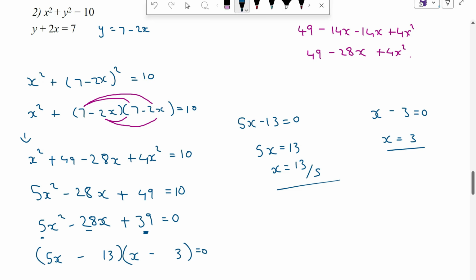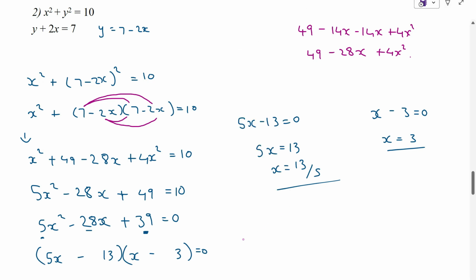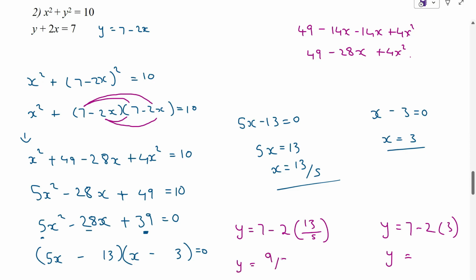Now let's work out the corresponding y values. So y here equals 9 over 5, and here y equals 1.